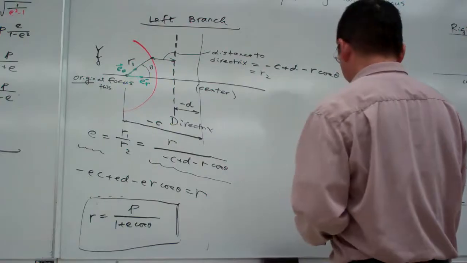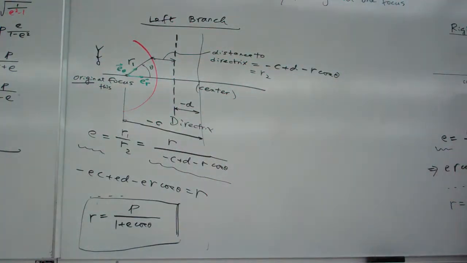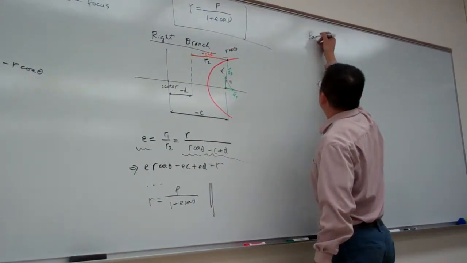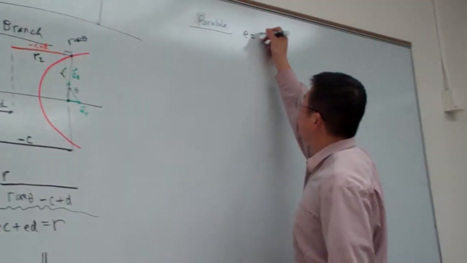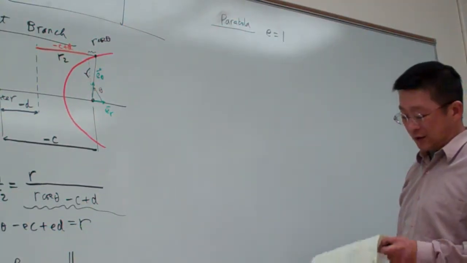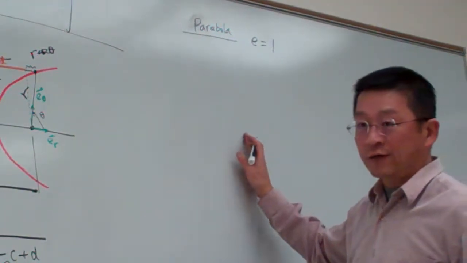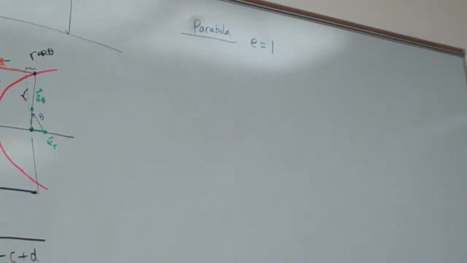Okay, let me do this one here. Parabola. For parabola, eccentricity equal to 1. Okay. And again, we have two branches of the parabola. Parabola is one special case of the hyperbola.